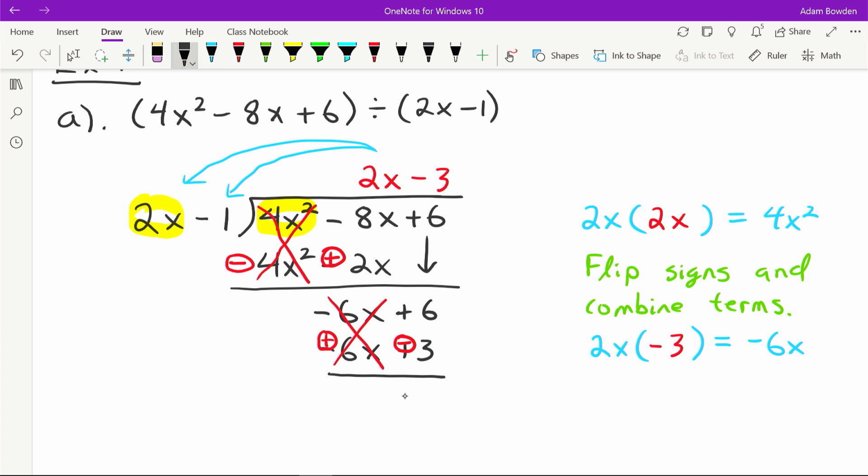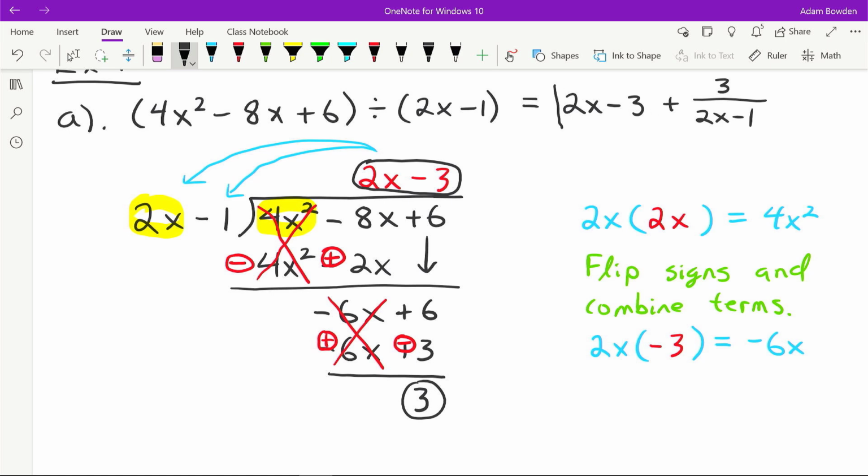Negative 3 and positive 6 will go together to get positive 3 here at the end. So that gives us our quotient of 2x minus 3 and remainder of 3. We'll write down our answer here as quotient, 2x minus 3, plus the remainder 3 over the divisor, 2x minus 1.